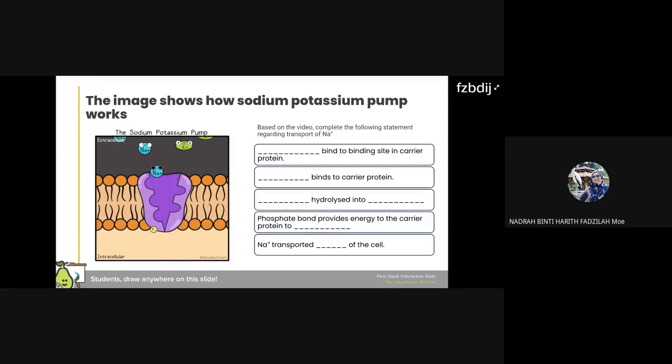Okay, 1 phosphate from ATP binds to carrier protein. Betul. ATP binds to carrier protein. And then barulah statement yang ketiga, ATP hydrolyzed to become something. Betul, ATP binds to carrier protein. Saya setuju. Bila bind, barulah dia boleh putuskan satu kaki fosfat dia tu.